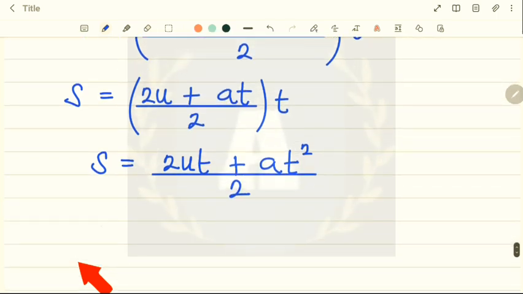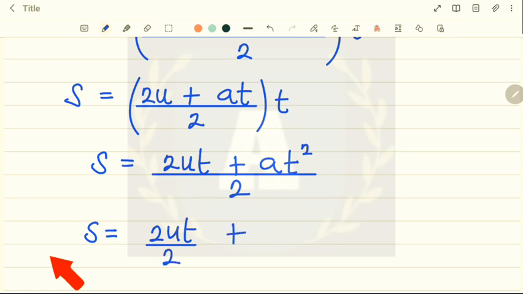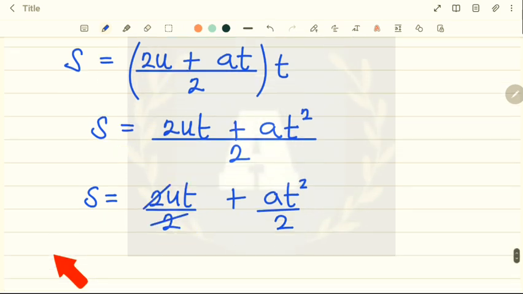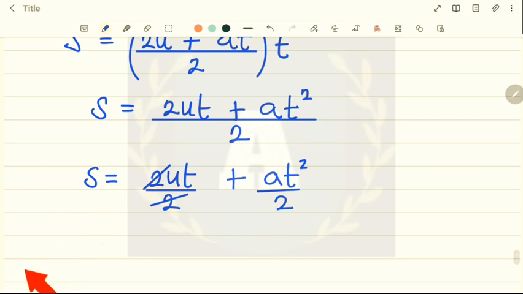Now you can split this into two fractions: 2ut over 2, plus at squared over 2. These two cancel out. So what do we have left? We have s, the displacement or distance, equal to ut plus at squared all over 2.